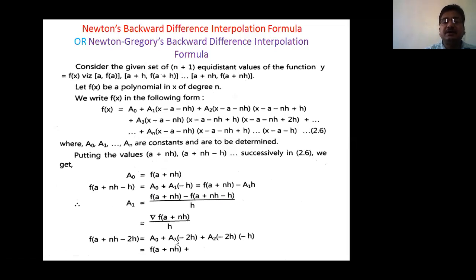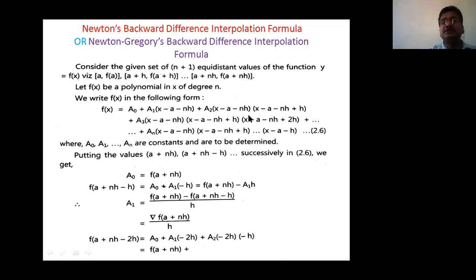So this is a1. Then similarly substitute x as a plus nh minus 2h in this formula 2.6. What do we get? We get f of a plus nh minus 2h is equal to a naught, and then the coefficient of a1 is minus 2h, after substituting x is equal to a plus nh minus 2h. Then what is the coefficient of a2? The value of this bracket is minus 2h and the value of this bracket is minus h. And what is the coefficient of a3?